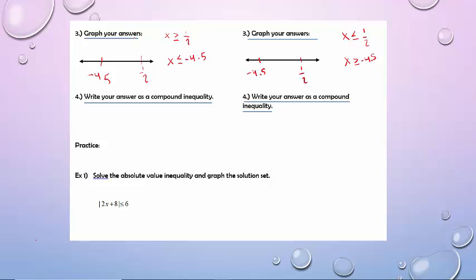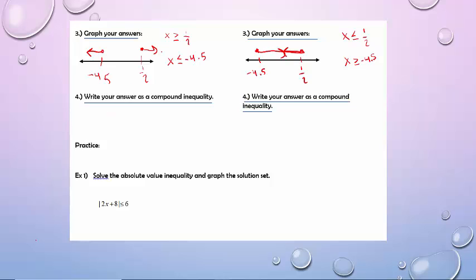We are going to use solid dots since it is inclusive. This one says I want to graph greater than or equal to 1/2, less or equal to -4.5. Versus this one, which wants less than or equal to 1/2 and greater than or equal to -4.5. So we're going to end up connecting these guys.